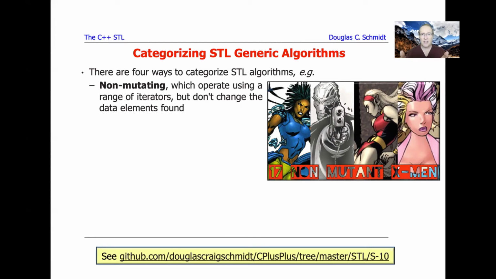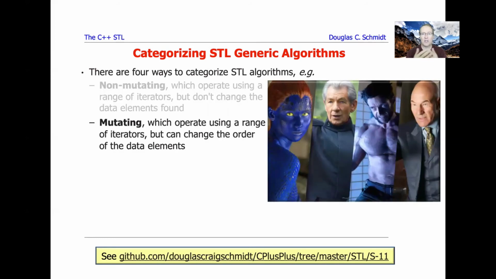You've already been exposed to some of them through other discussions that we've had, stuff like count or count_if or find_if_not, all that good stuff. And those are all examples of algorithms that don't make any changes under the hood. There's also a bunch of mutating algorithms. And as the name suggests, they change something about the data elements.